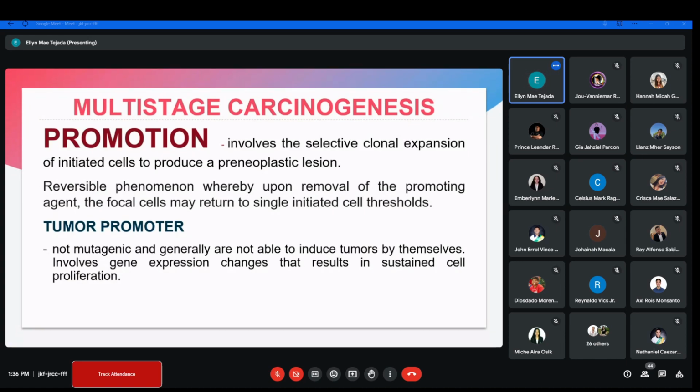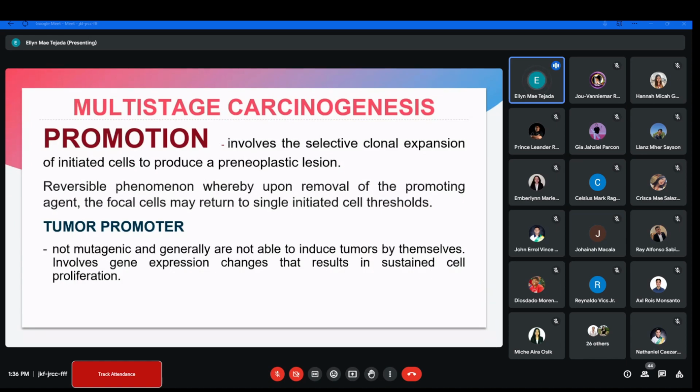Did you get it? So if a specific agent is, let's say for example, specified already to one organ, then it is only specified to that organ. So it only is a tumor promoter of that specific organ. It doesn't allow na pwede pa siya on the other tissues or other areas.